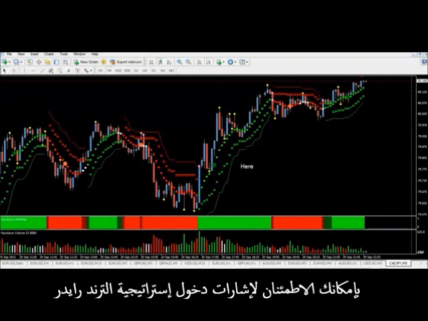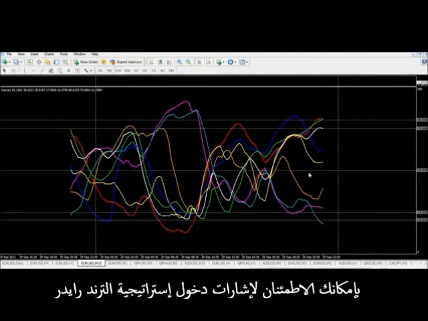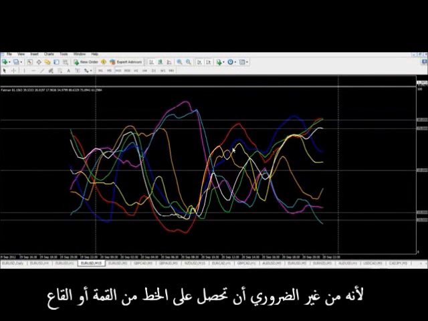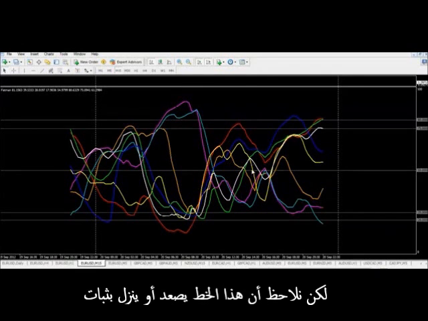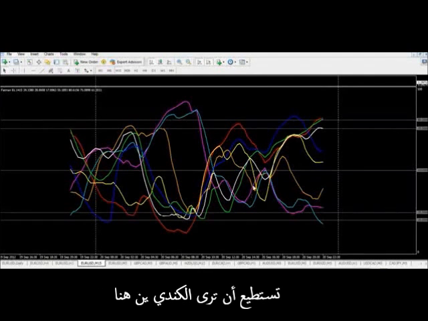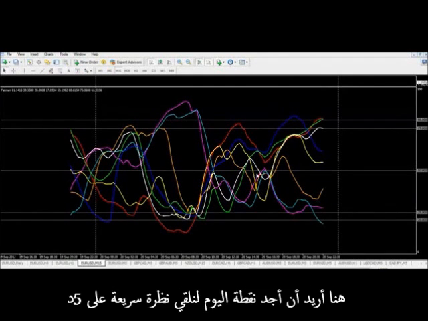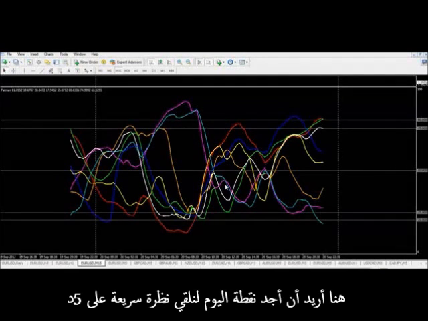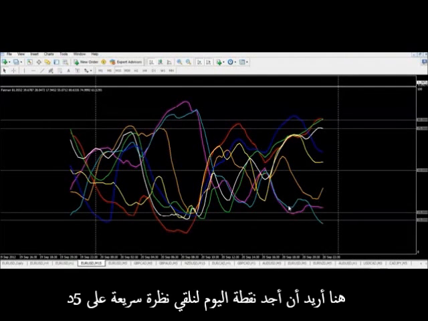Now, in case you're wondering, the signals on the trend rider strategy come from where we are not necessarily getting lines at the top and the bottom, but we notice lines that are steeply declining or steeply inclining. So if you can see this CAD and yen here, I'm trying to find the point from today. Let's have a quick look at that.